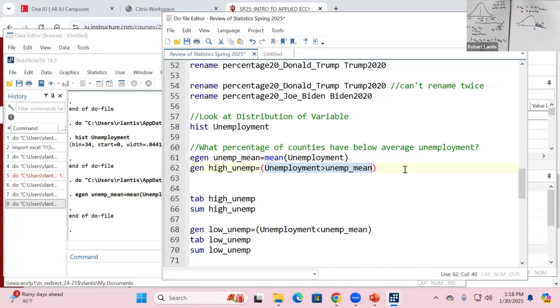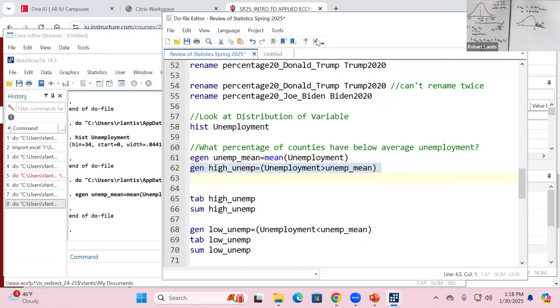So this high unemp variable will be what we call an identifier, like an indicator variable. It's a 1 whenever this is true. Whenever this isn't true, which would mean the county has the mean unemployment or less, the value that will get put into this variable will be a 0.